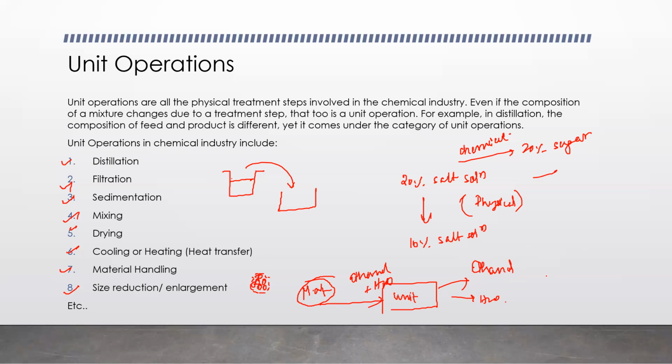In all these unit operations, whatever goes into the unit comes out as it is. The same material comes out, with no change in the material. It may differ in composition or have different properties or parameters, but it is the same material. If you're sending A, you'll get A. If you're sending A plus B, you will get A and B.